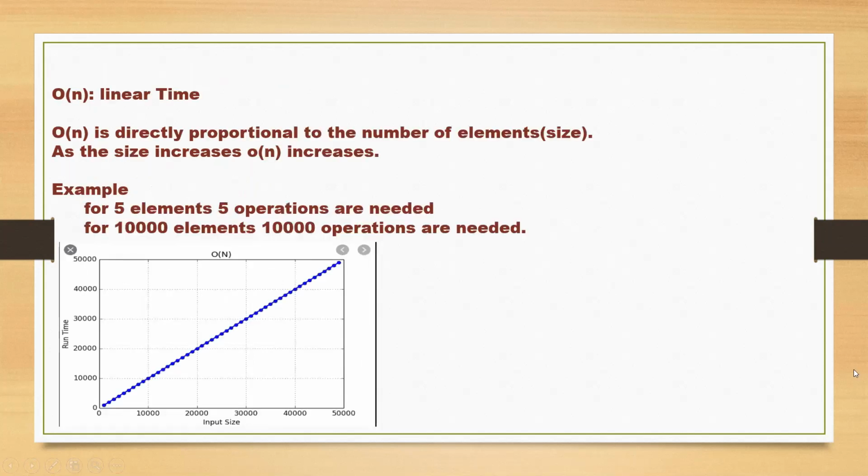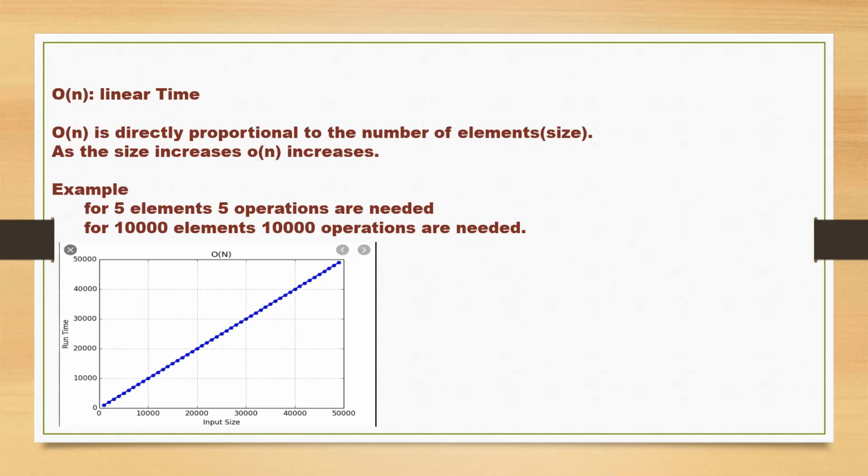And the next one is linear time. O of n is also called linear time, which is directly proportional to the number of elements. As the number of elements increases, the number of operations also increases. For example, if you take searching in an array, if there are 10 elements, in worst case, we need to search all the 10 elements.